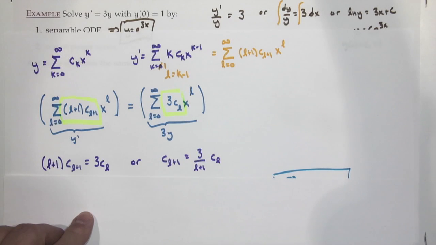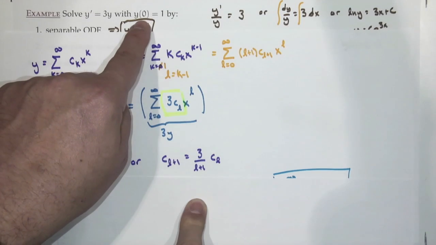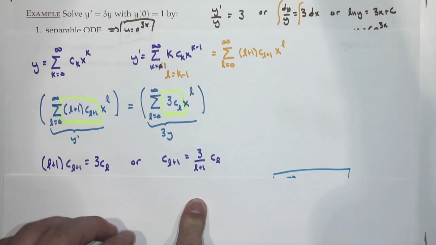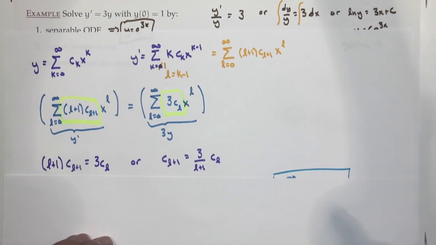Now, of course, you might say, but how do we get any coefficient? Is there any coefficient we get for free? c_0 is a freebie. Why is c_0 a freebie? It's given. It doesn't say c_0, but y of 0 is just another way of saying c_0. Okay, so we know what c_0 is. If I have c_0, can I find c_1?